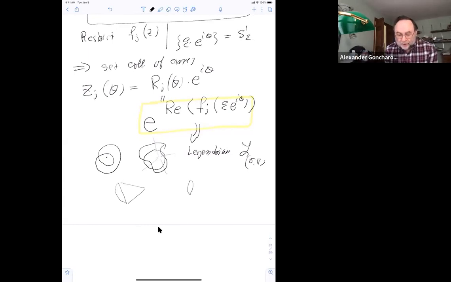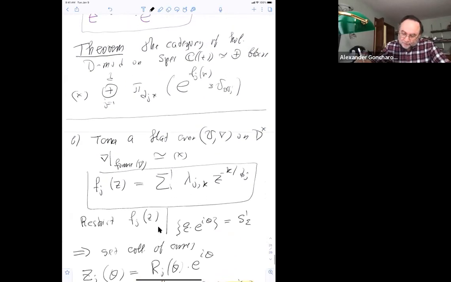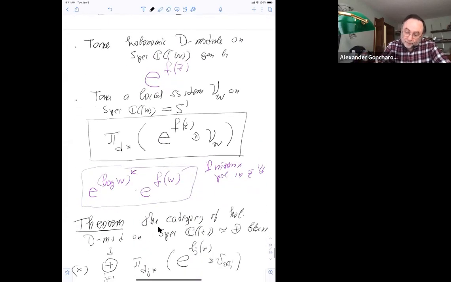So this is how we get cluster structure in the situation when all these singular supports are one-dimensional. Because remember, we have the local system, and this local system describes this kind of term.